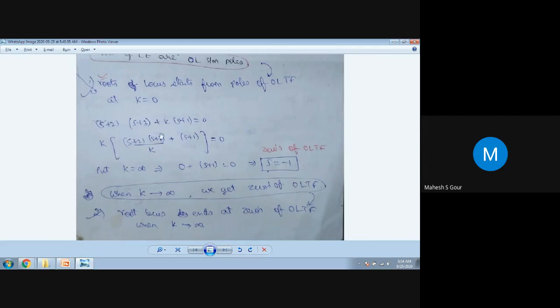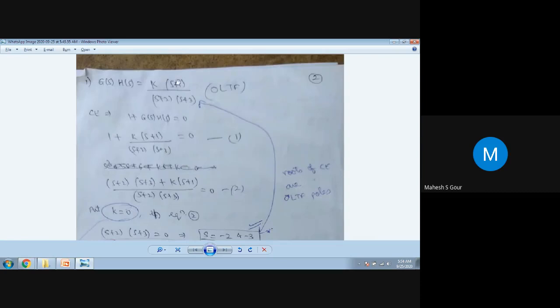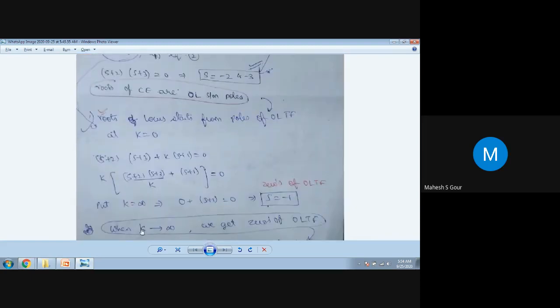So when I put k equal to infinity in the characteristic equation, I'll put k outside. When I solve this, I'm getting s equal to -1, which is the same as the zero of your open loop transfer function. So it concludes that when k tends to infinity, we get the zeros of the open loop transfer function.